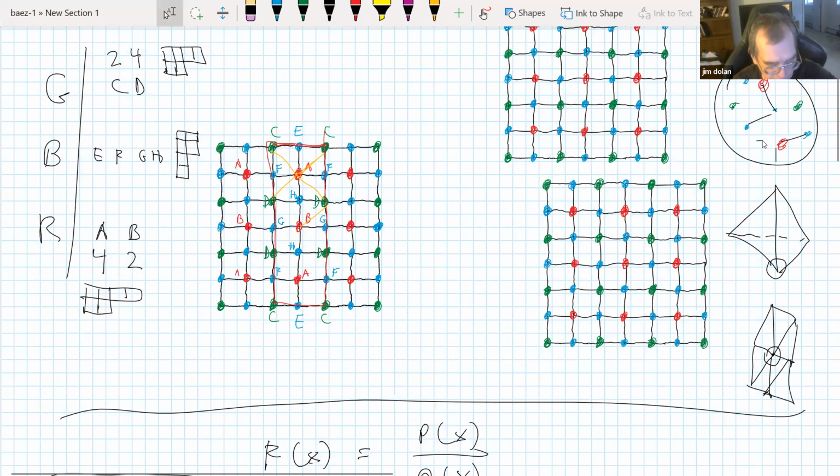The Kharatyan Young diagram calculations should be telling us the numerical coordinates of these points on the Riemann sphere. Once we normalize it by naming a particular red and calling it infinity, a particular blue and calling it 0, and a particular green and calling it 1, then we get actual numerical coordinates for all of the vertexes of everything over here.